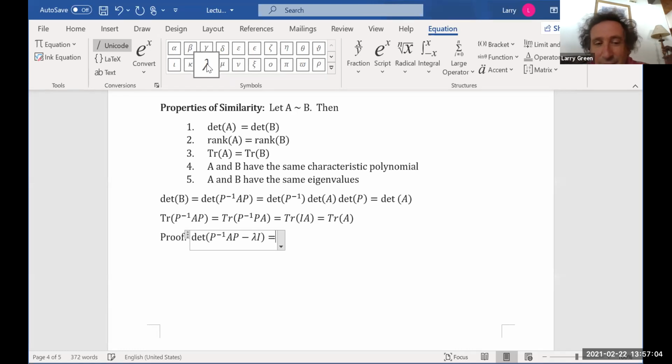So here's the trick that you may not think to do, but it's what's going to work. I'm going to copy and paste that in, and I'm going to adjust. Well, I can rewrite I as P inverse IP. What just happened?